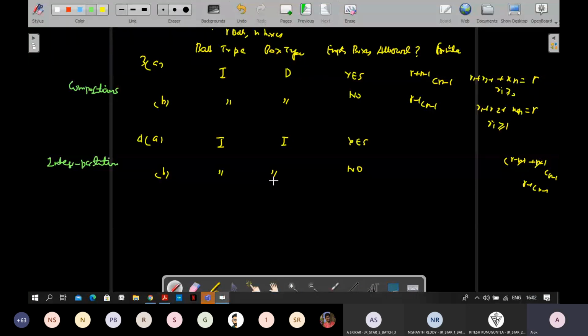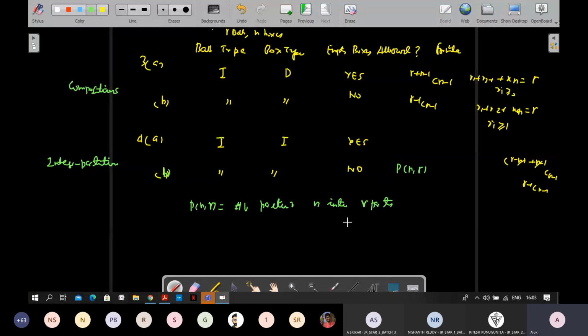Why? Because it is just like, say, suppose you want 5 identical balls. For this there is a notation. I will write it: this notation is PRN, where PRN is called the number of partitions of n into r parts.